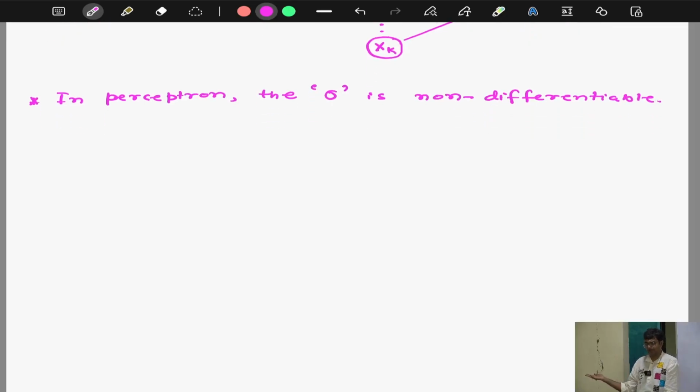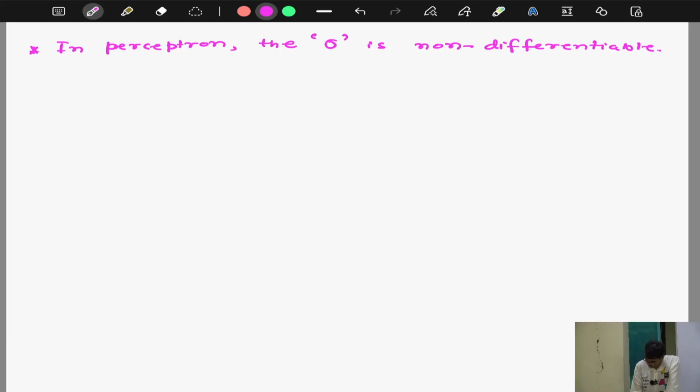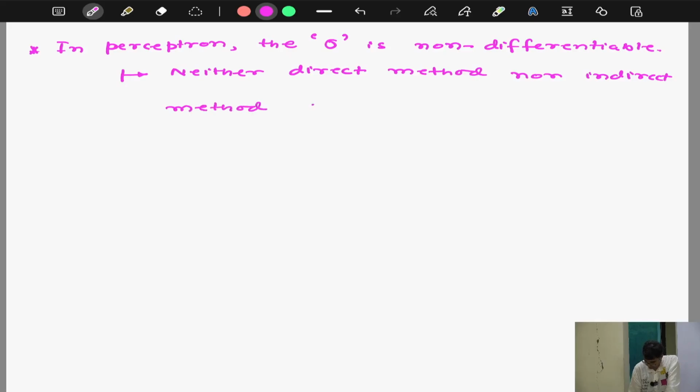You cannot differentiate sigma, which means obviously direct method or indirect method, none of that can be used. Neither direct method nor indirect method can be used.